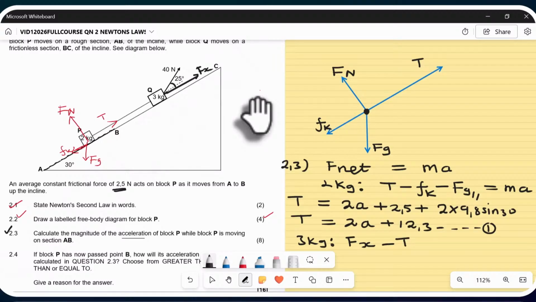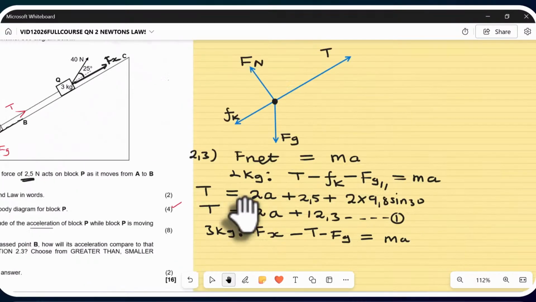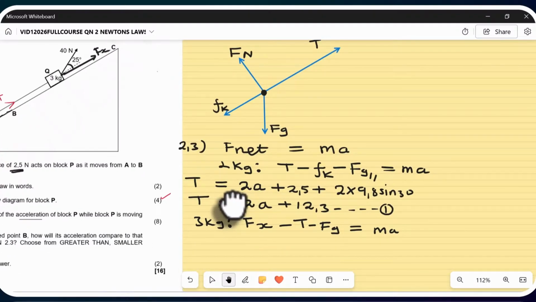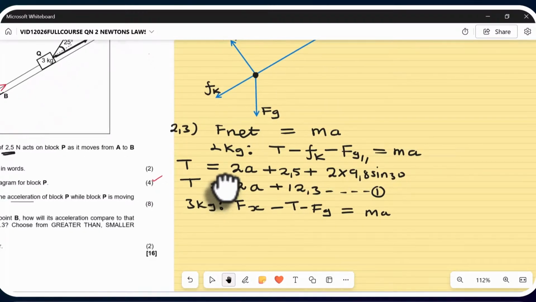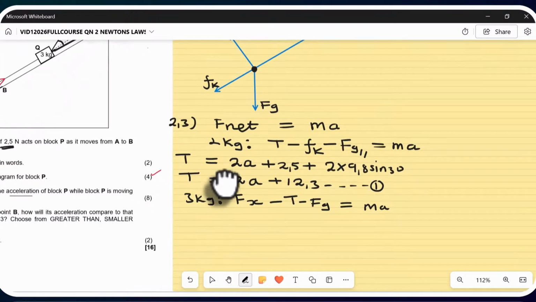Let us now substitute here. The force is 40 and the angle is 25, so 40 times cos 25, then minus T, I don't know yet, minus Fg parallel, given by mg sine 30.